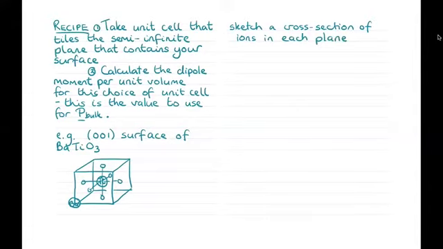And then in each unit cell, I have in the bottom plane barium and oxygen, and halfway up the unit cell, I have a titanium and 2 oxygens, and then at the top of the unit cell, I have barium and oxygen again, and so on. And this is periodically repeated.